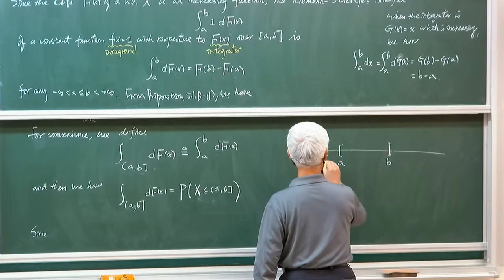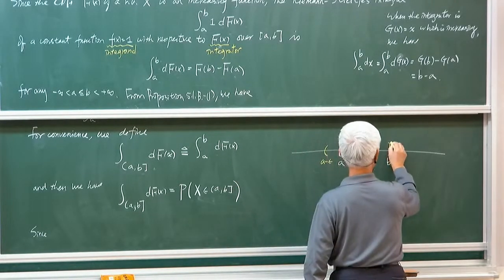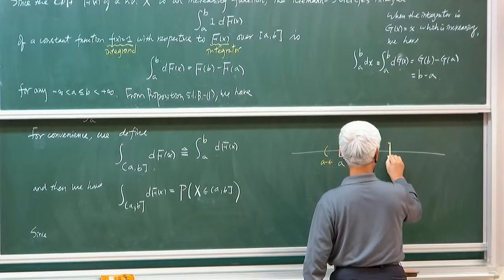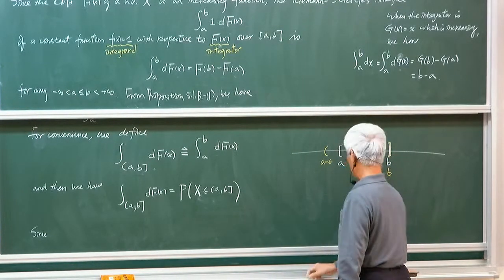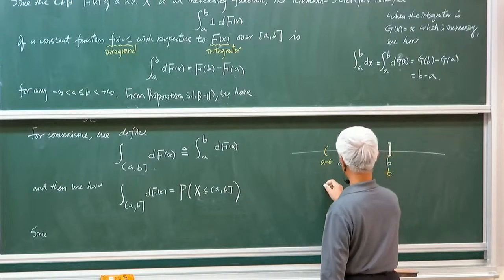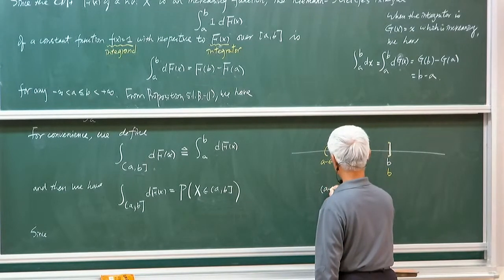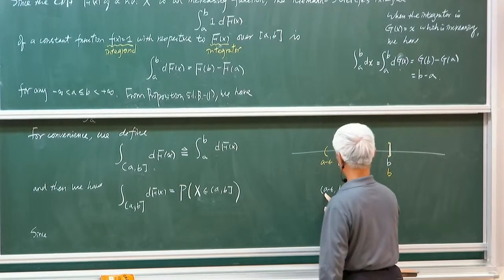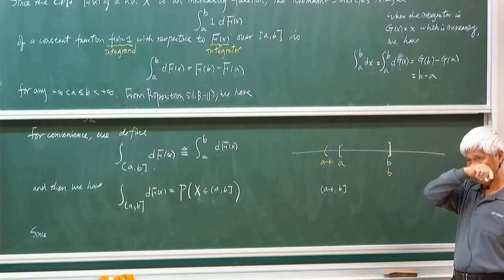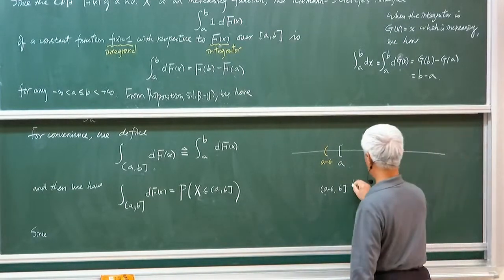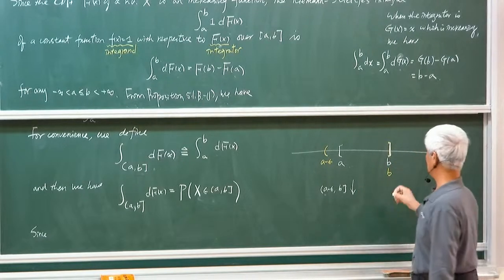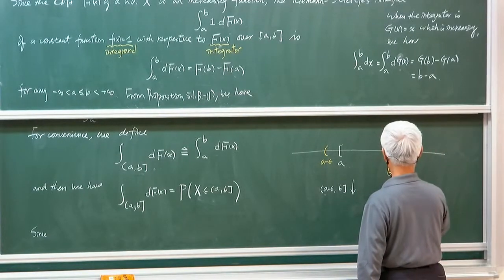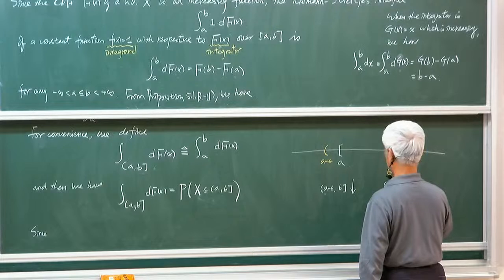So this is (a minus epsilon, b]. And we see that the half-open, half-closed intervals are going down as epsilon goes down to 0.